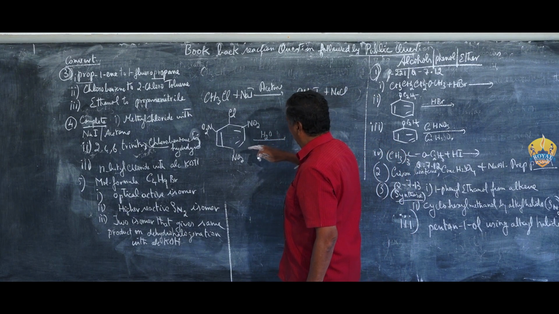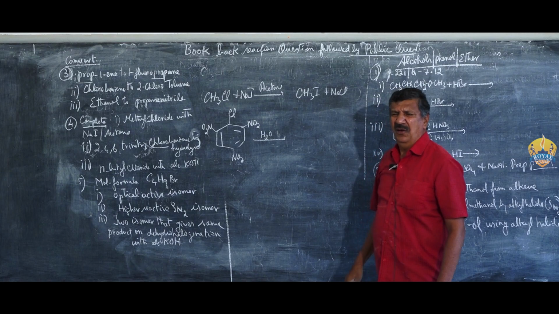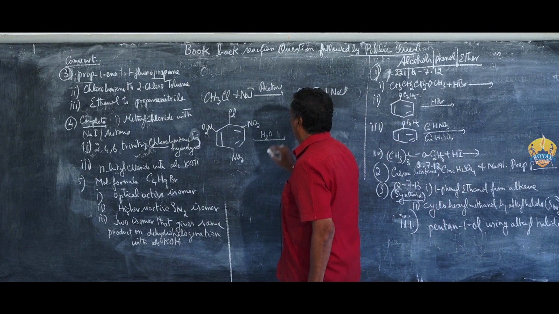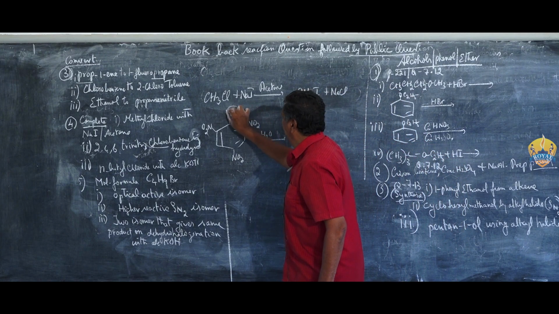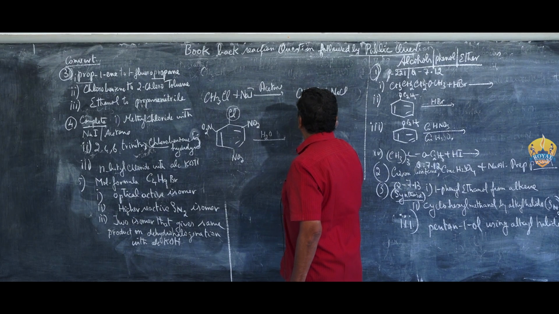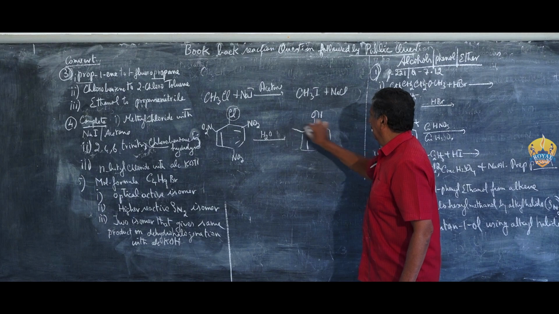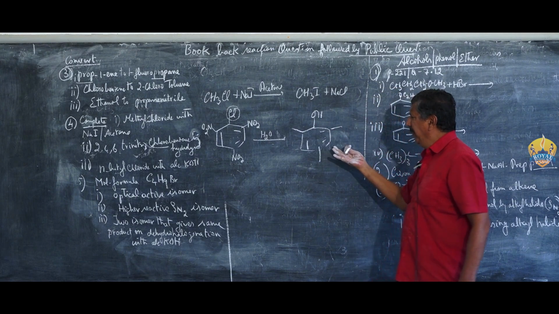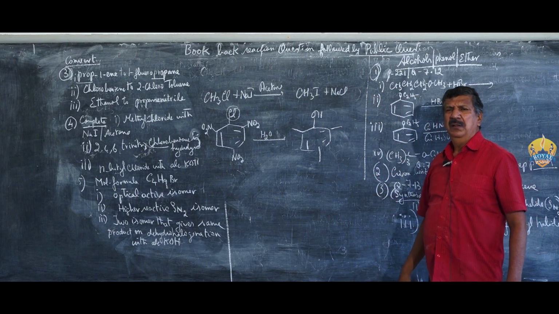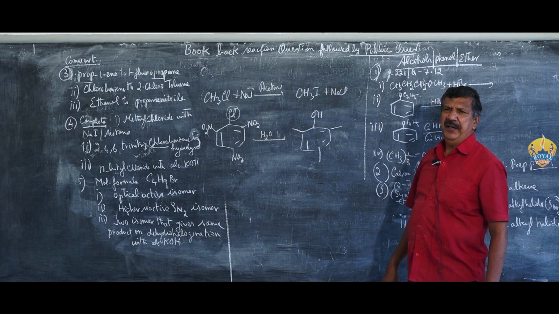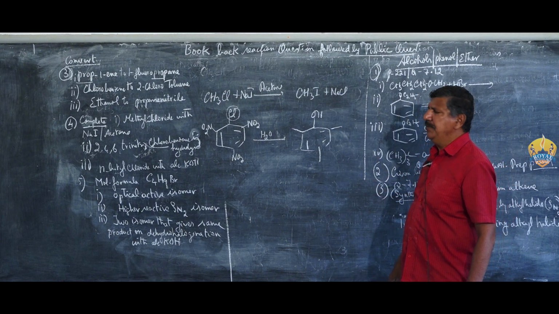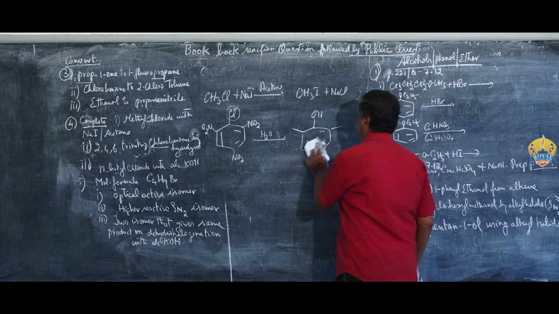It can be through sodium hydroxide or anything like water. But what will happen? The Cl alone will be converted into OH. That's all. This is nothing but picric acid, or 2,4,6-trinitrophenol. Anything is right. Okay, next question.